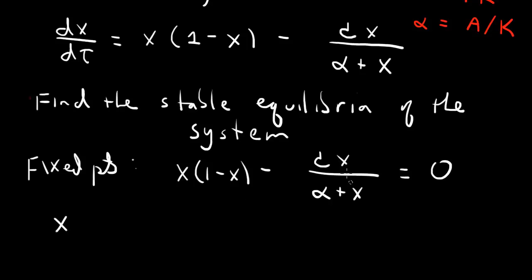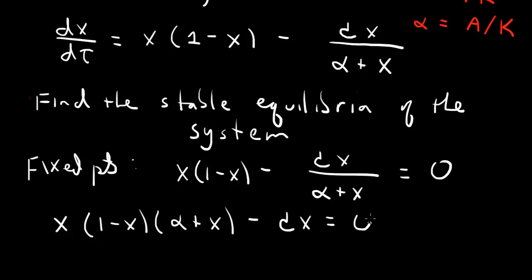We can multiply by alpha plus x. Sorry, this x I already have. So let's factor out that x. So I factored out the x.